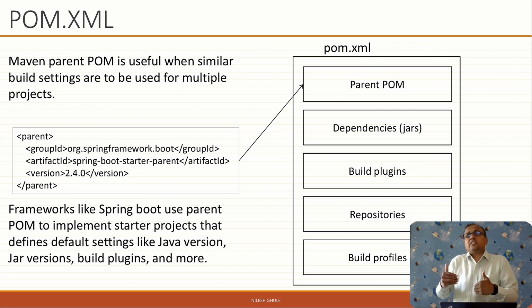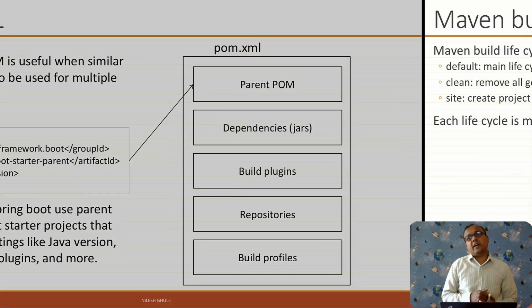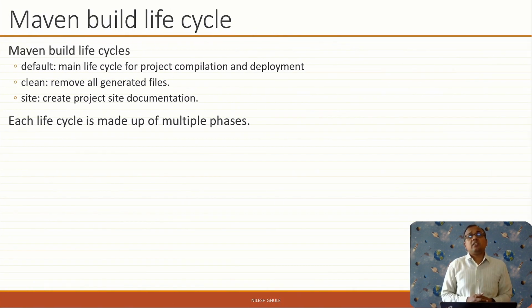So now it's time to move further and talk about how exactly a Java application is built by Maven. There is a concept called the Maven build lifecycle. There are three build lifecycles. One is the default lifecycle, which is the main lifecycle of Maven, and that builds your Java application.